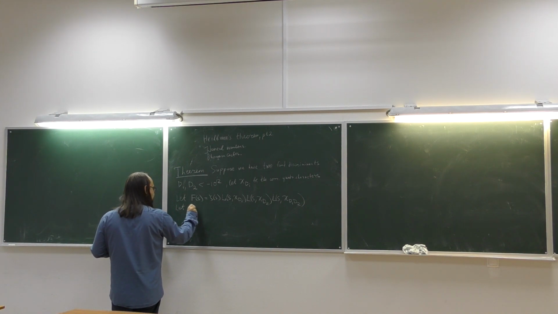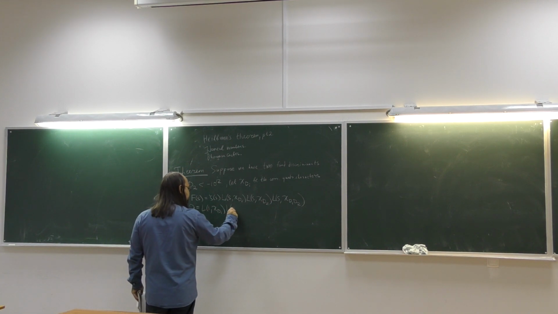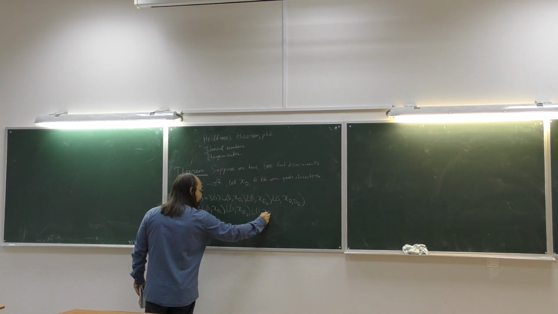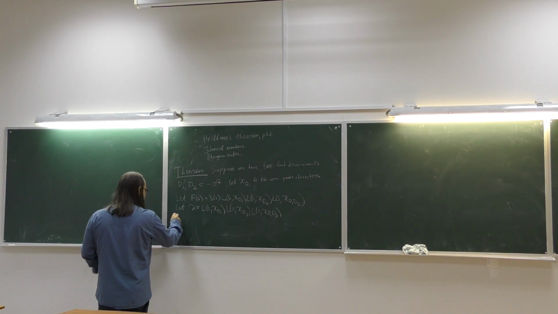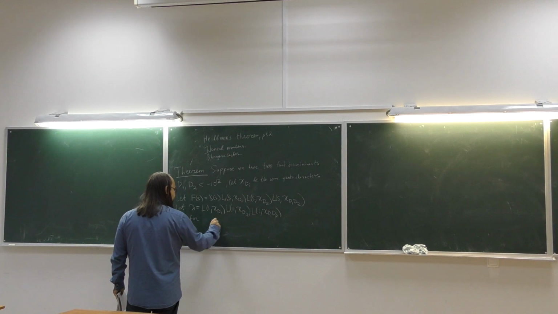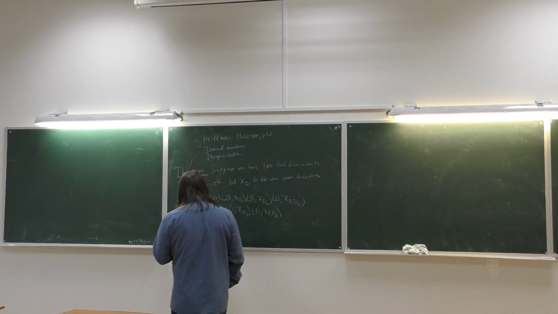Let also lambda be L(1, chi d1), L(1, chi d2), L(1, chi d1 d2). Then for sigma between 1 and 0.9, we have the following inequality.